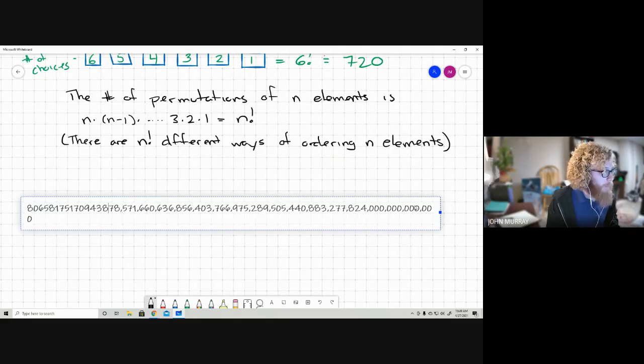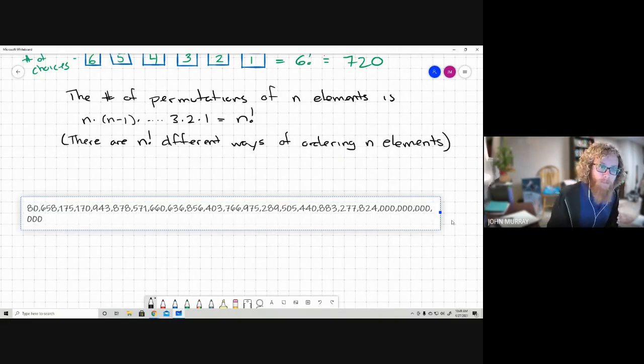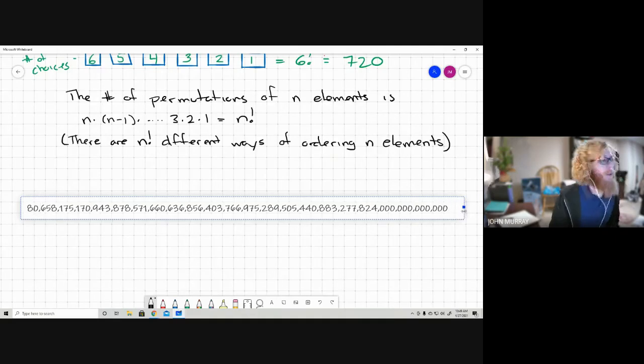Just to make it a little more organized, even though I don't know if this is helping much. This number here is a really interesting number.